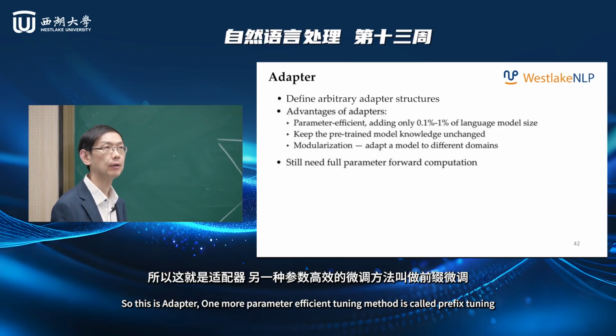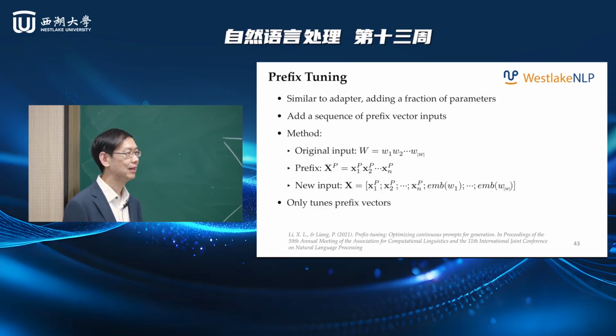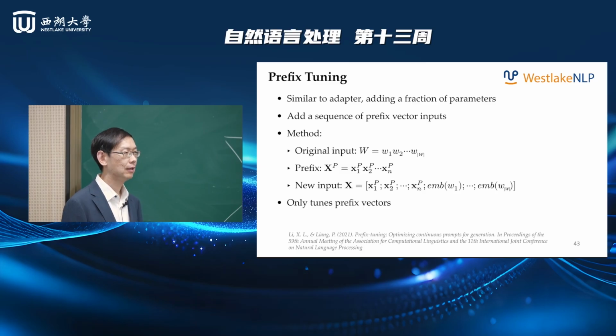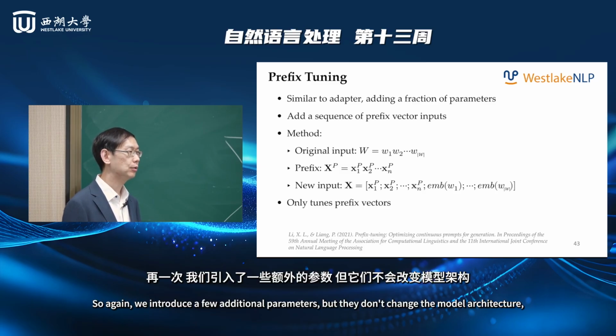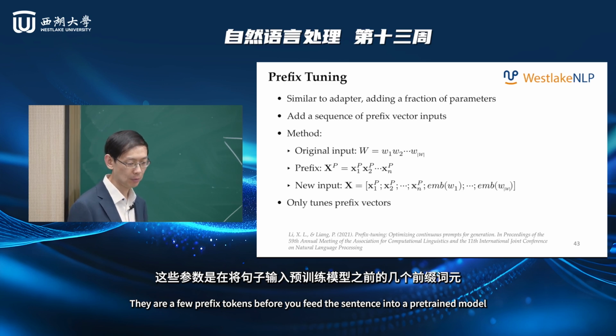So this is adapter. One more parameter efficient tuning method is called prefix tuning. This can be seen as an alternative to adapter. Again, we introduce a few additional parameters, but they don't change the model architecture. They are a few prefix tokens before you feed the sentence into a pre-trained model.